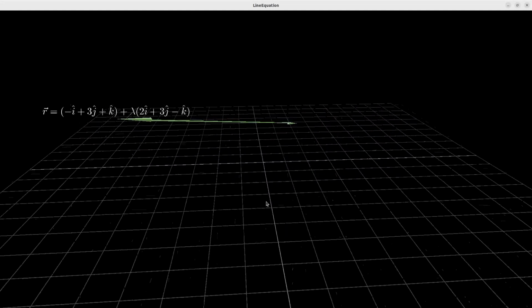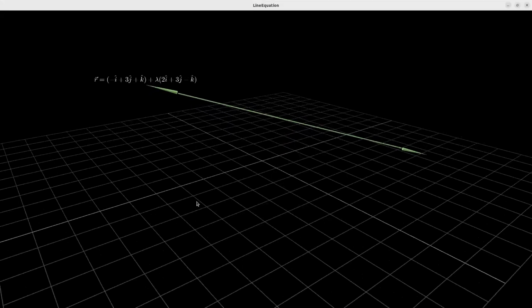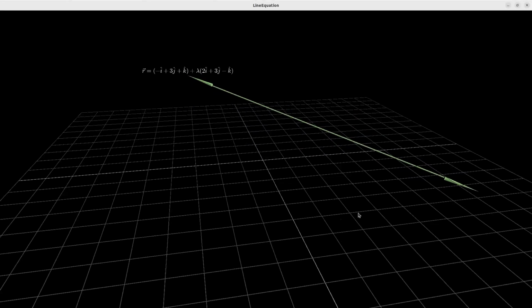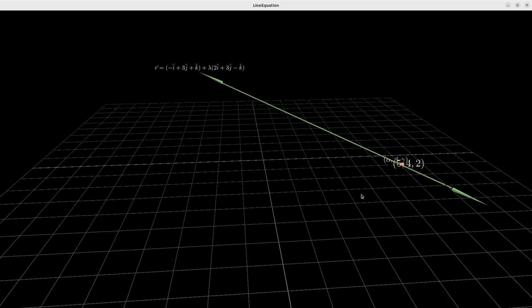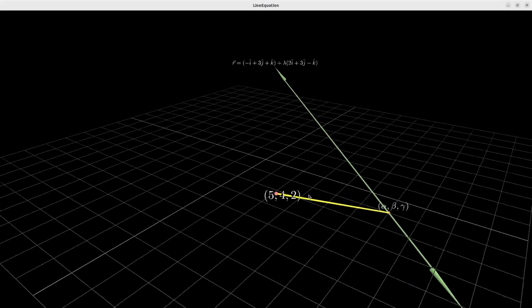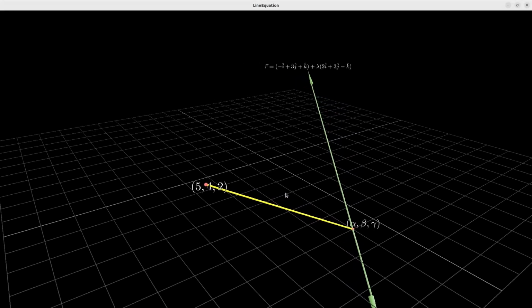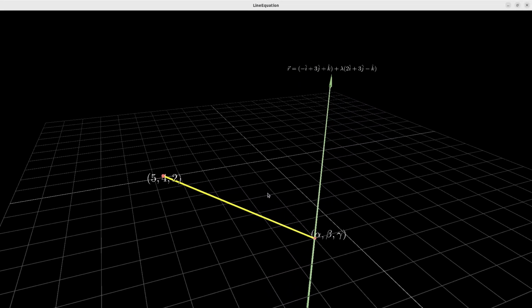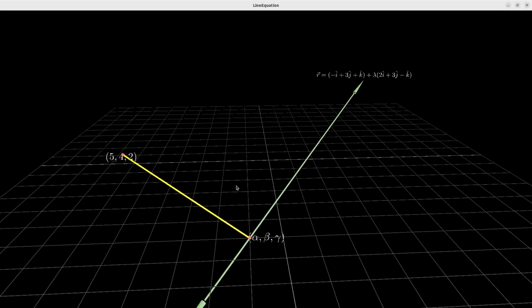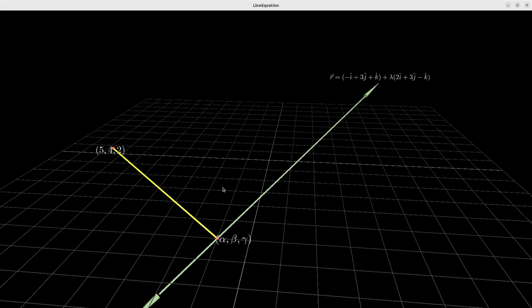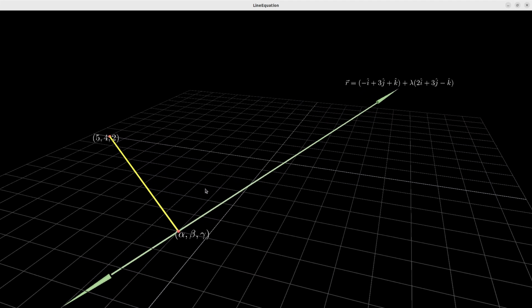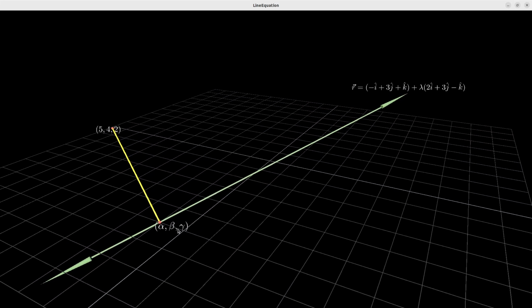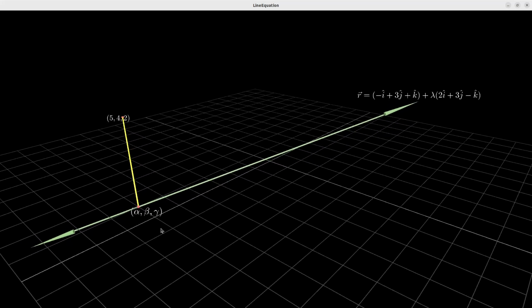This is our given line R. Now we will add the given point 5, 4, 2. The perpendicular line from the point 5, 4, 2 towards the line R is also added, and the foot of the perpendicular alpha, beta, gamma is present.